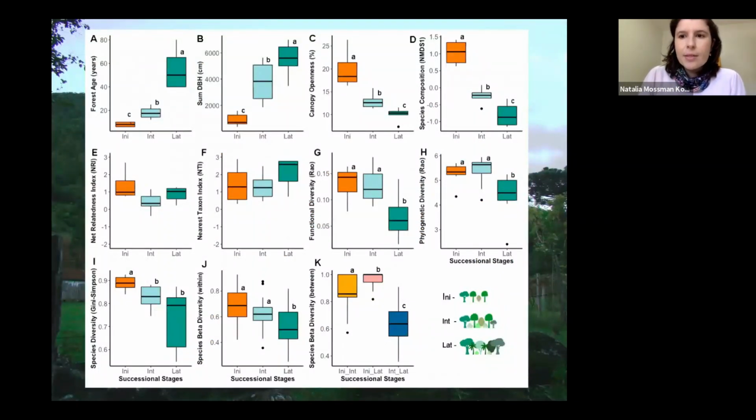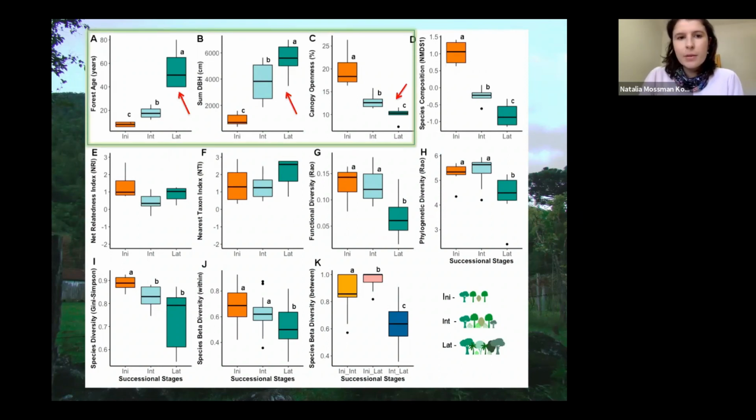So here in these box plots, I summarize most of our results. First, it's important to mention that the sites varied, as I said, regarding their age, the different forest succession stages, the sum of trunk basal area and the canopy openness.